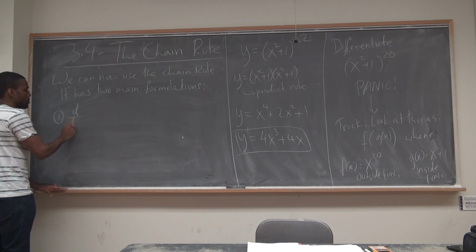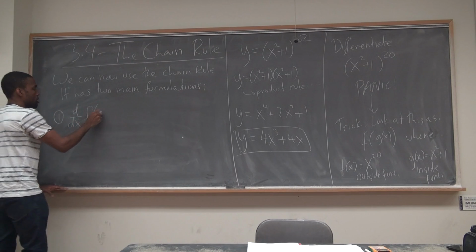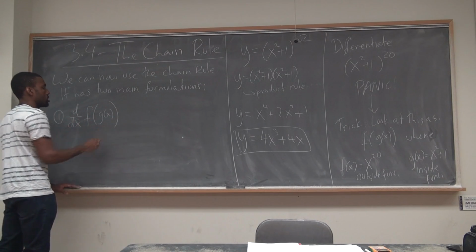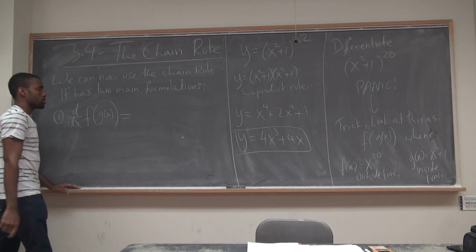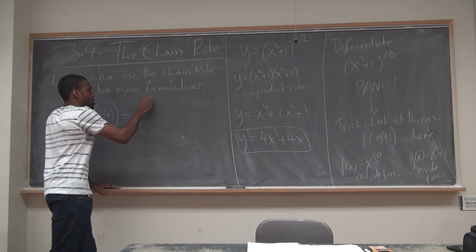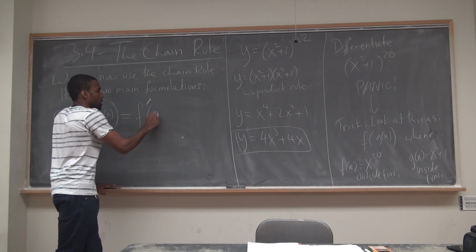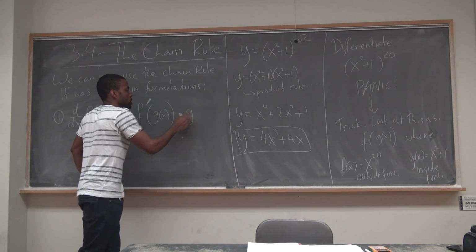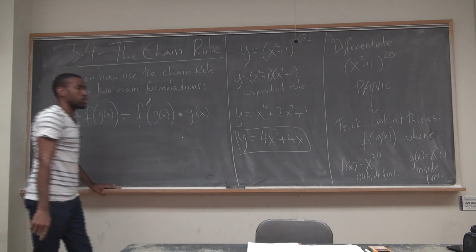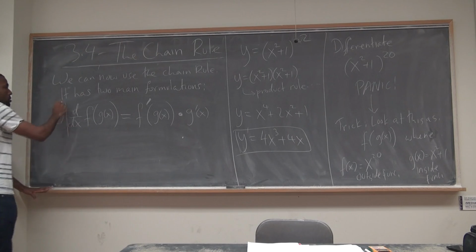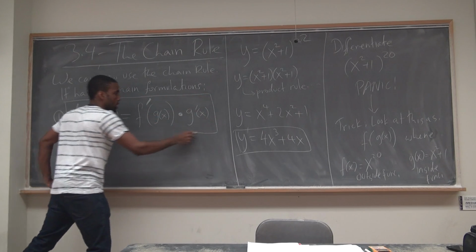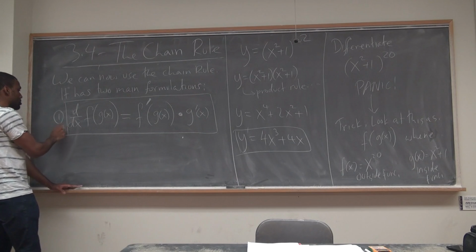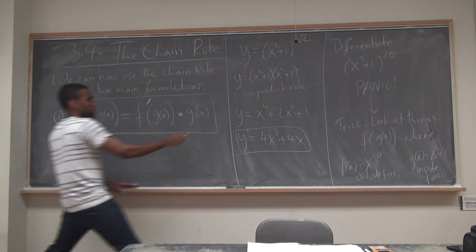The derivative of a composite function, f of g of x, is equal to f prime of g of x times g prime of x. And this is just something we know now. This you have memorized, more like your own name.